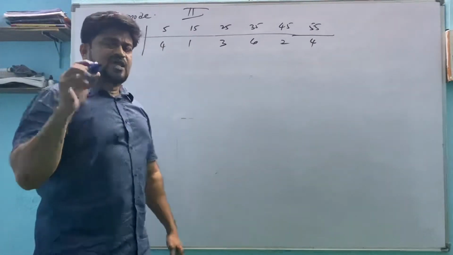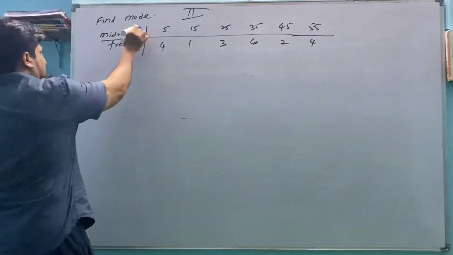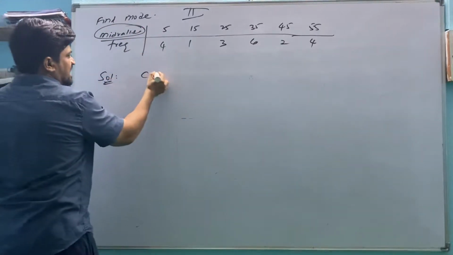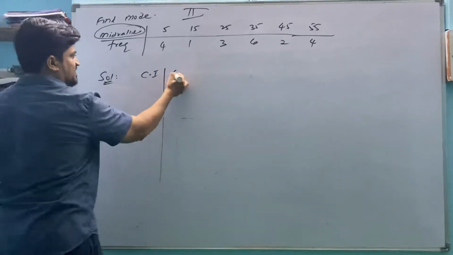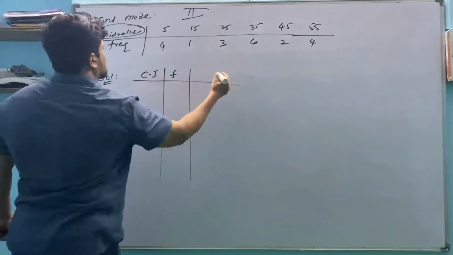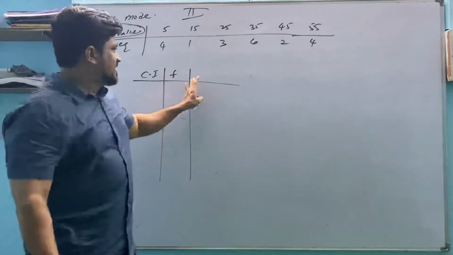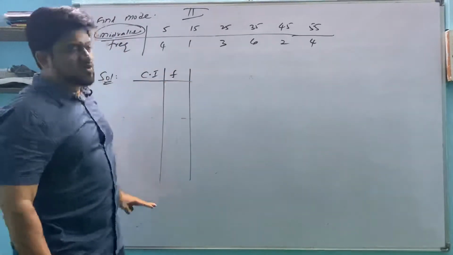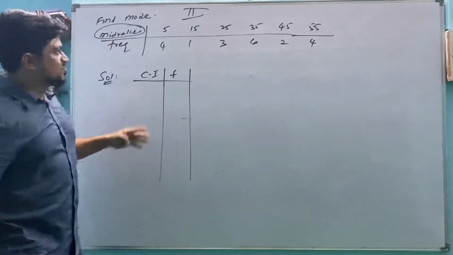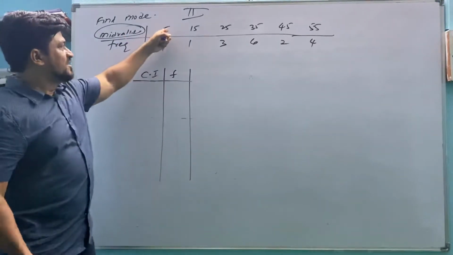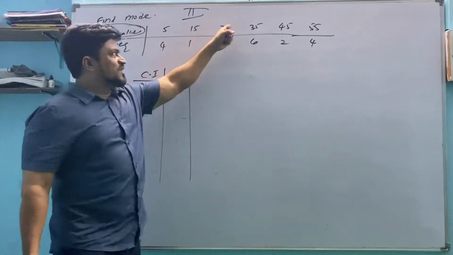When you find a mid value question in your question paper, immediately write class interval and frequency. For mode you can form a grouping table and analysis table, but here we are arranging the question first. Mid value is given, so I am writing class interval. For 5, 15, 25, find the difference.